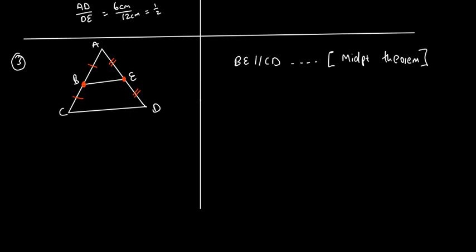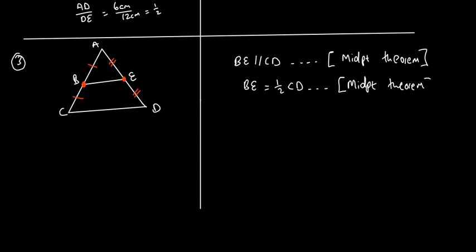Okay, that is what you conclude. And you don't just conclude this, you also conclude that BE, which is this line, is going to be half of CD, which is the third side. What is your reason? Your reason would be midpoint theorem, the same thing.